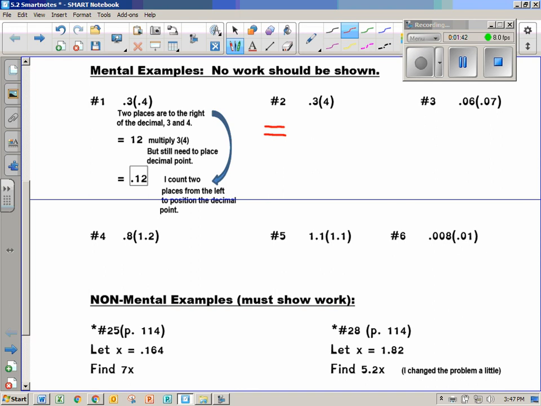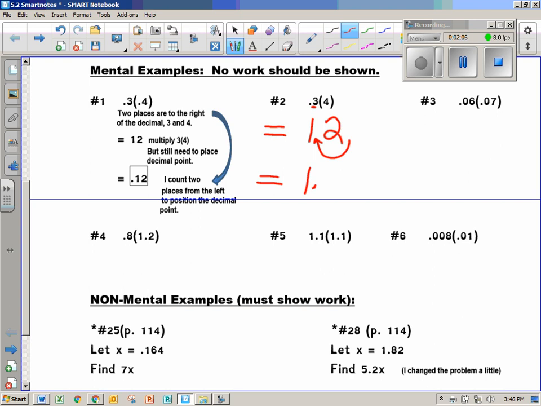So right here, I know 3 times 4 is 12. So I just put 12. Then I decide where to put the decimal point. So the 4 is really, the decimal is at the end of 4. So there's no places to the right. But there is one place to the right here. So that means from the end, I have to move one place over.